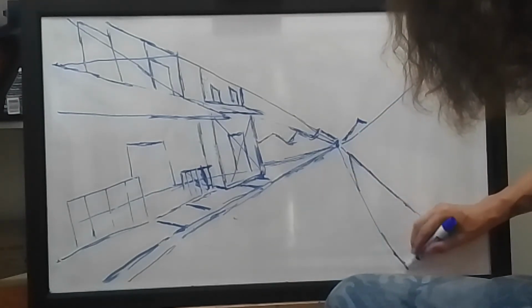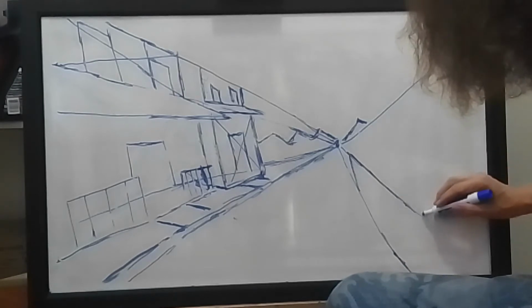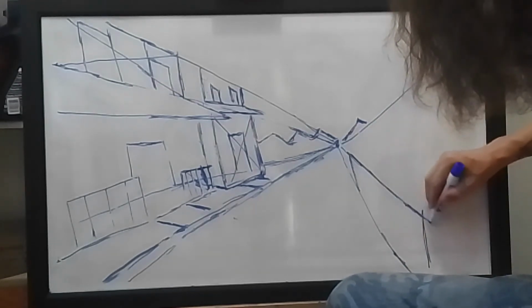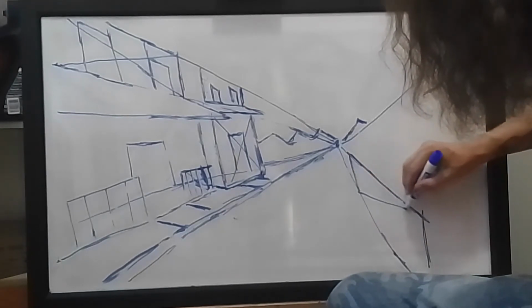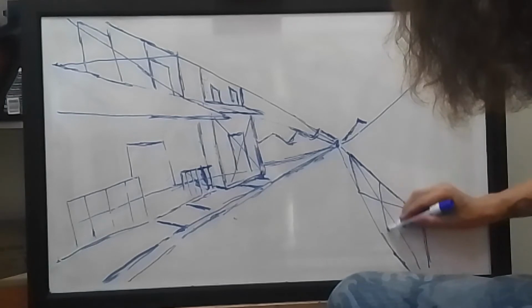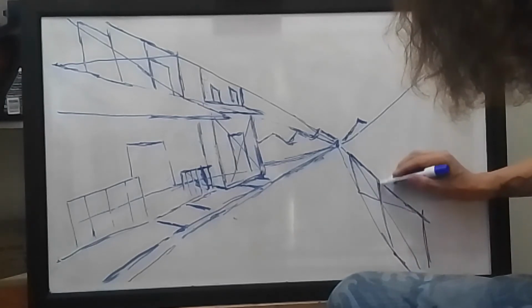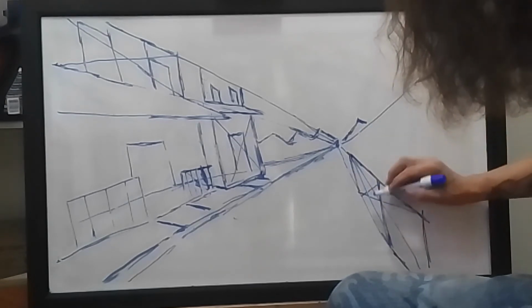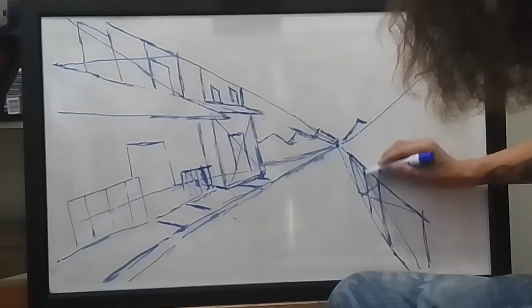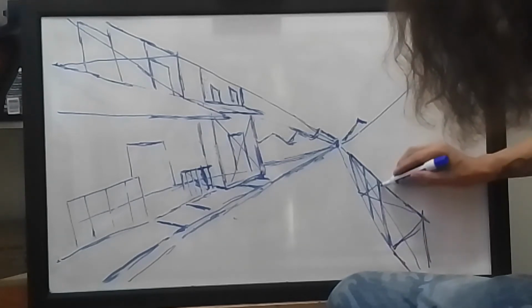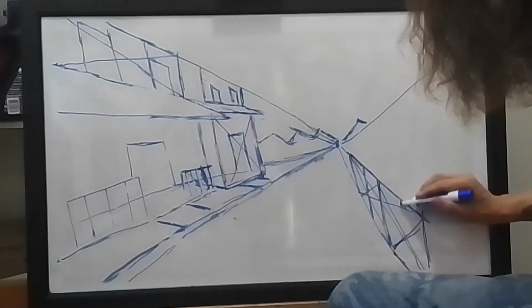So, say we're going to end this right here, do the same type of thing, like boom, boom. Add this one in the middle. Boom, boom. Add that one right there. Boom, boom.